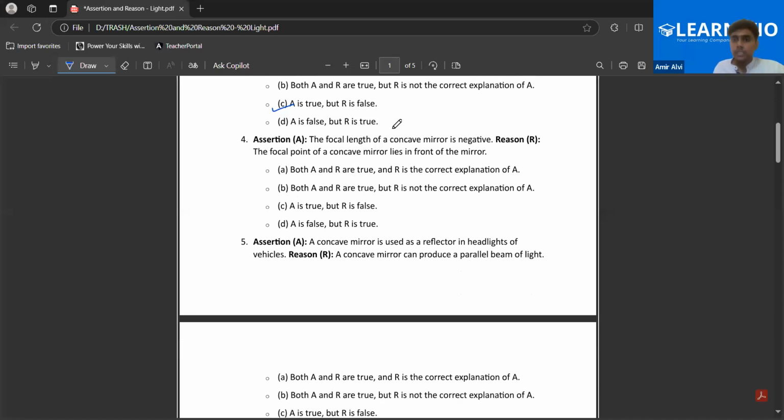The fourth question says that the focal length of a concave mirror is negative. The focal length of a concave mirror lies in front of the mirror. Please do let me know the correct option, everyone. Along with the question number, write 4A, 4B, 4C, or 4D, depending on the correct option according to you.